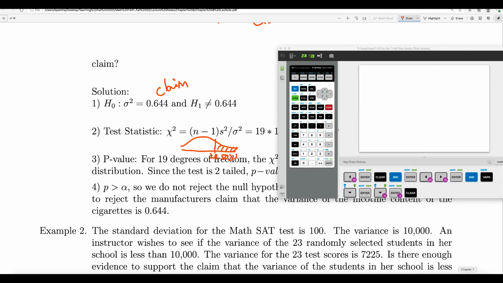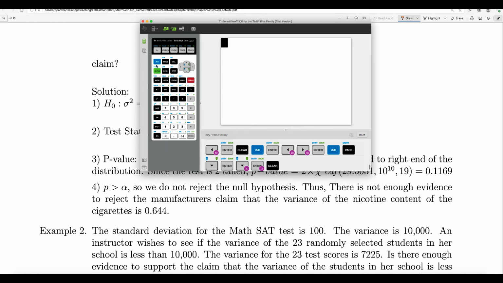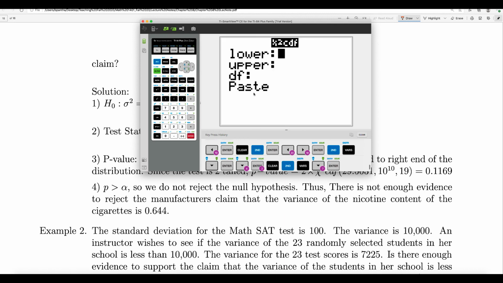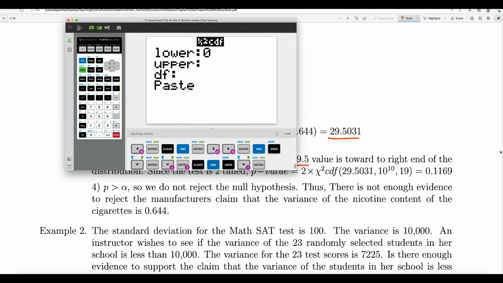Let us go to the calculator. Go to second, then vars, and go there to number 8, I guess. There is chi-square Cdf. Hit enter. What is the lower bound? You want to find out the right area, right? Right area of the test value means the lower bound will be 29.5031.